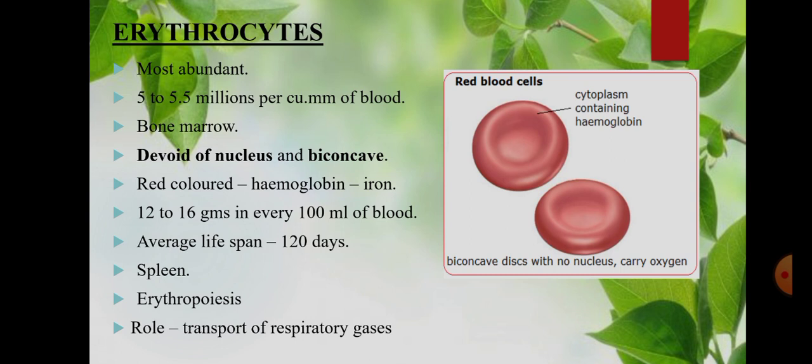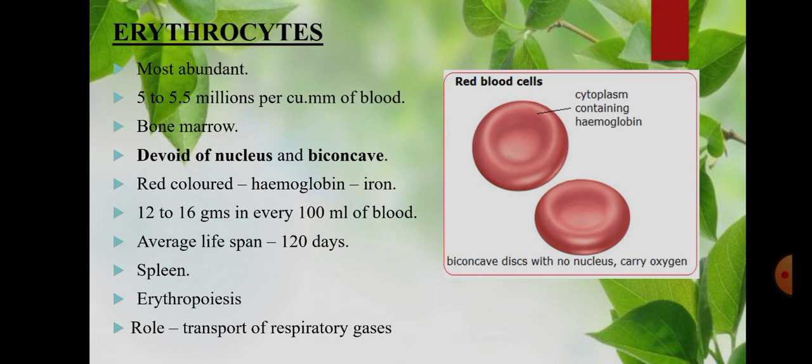An adult human has on average 5 to 5.5 million RBCs per cubic millimeter of blood, and it is also formed in the bone marrow of adults.